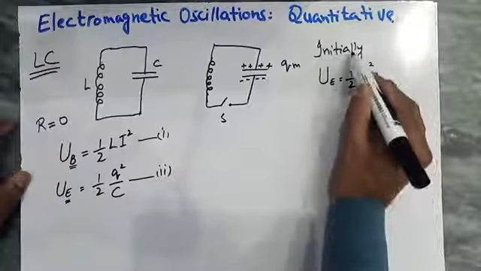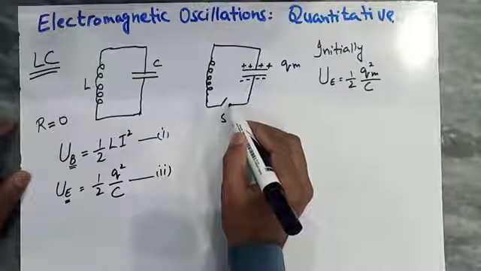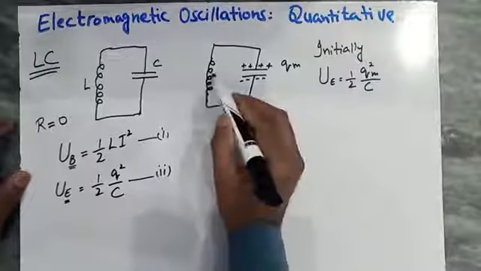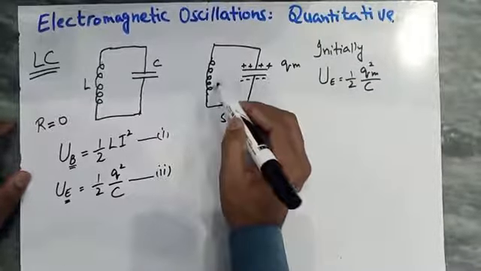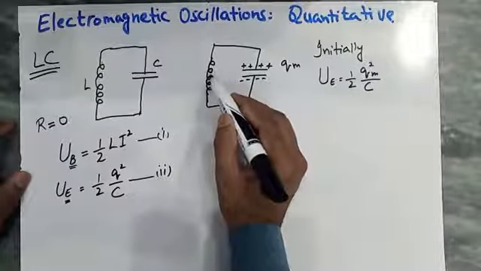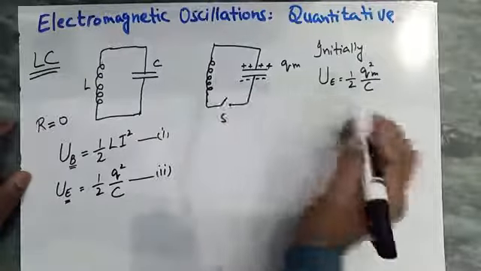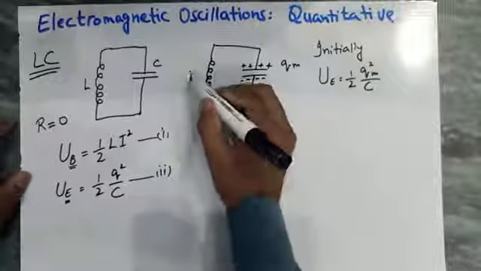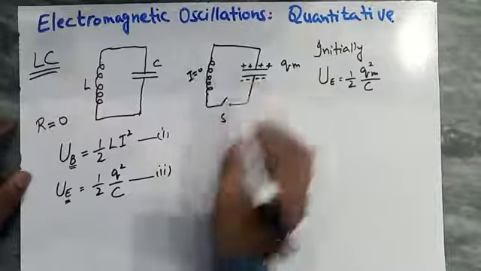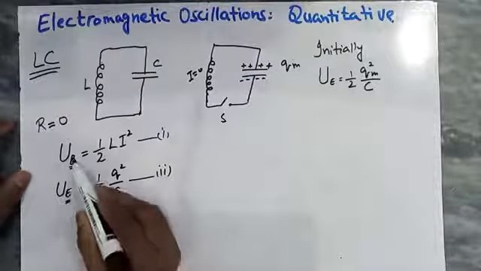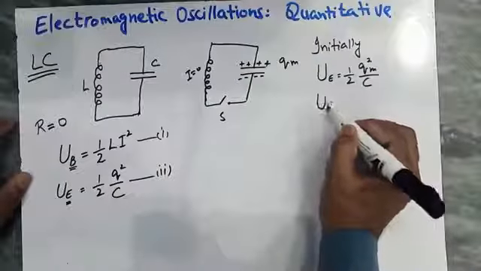And initially switch is open, so there is no current flowing through this circuit. Current through inductor is zero. Hence, when current through inductor is zero, then energy stored in inductor is also zero.